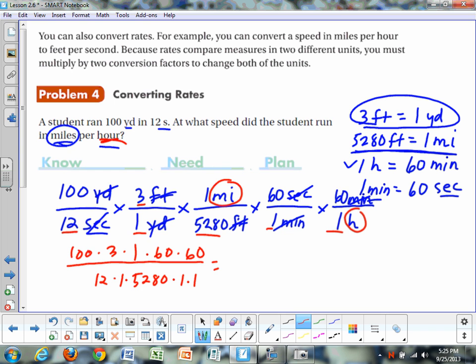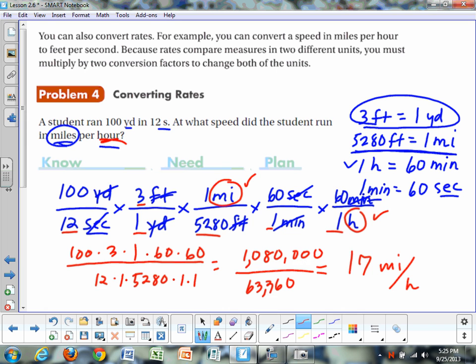Anyway, when I do all that, I get 1,080,000 in my numerator, and I get 63,360 in my denominator. When I divide those two, I get about 17, and I'm going to label it miles per hour.